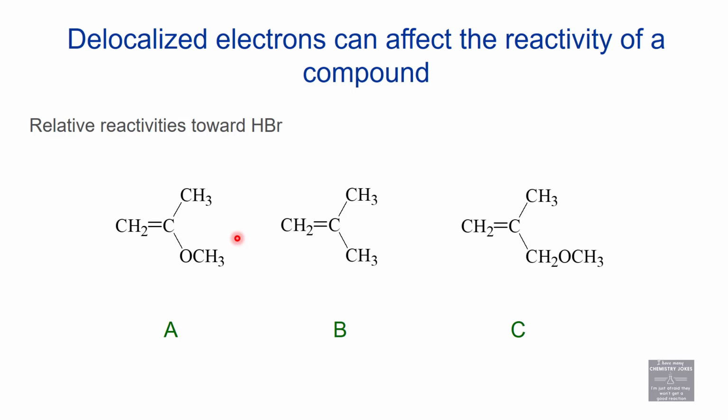Delocalized electrons can affect the reactivity of a compound. This should be a complete sentence that says, rank the following molecules in order of relative reactivity toward HBr. Which one of these molecules reacts with HBr the fastest? When I ask about speed, it's really asking about stability.